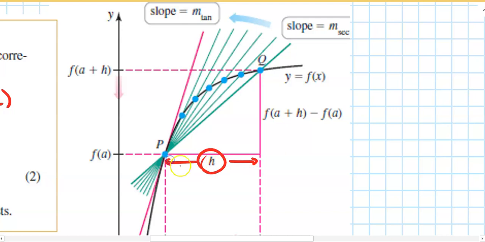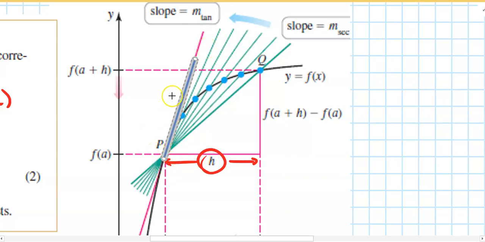If we had some large h distance, then the straight line or the secant line that's formed between these 2 points that are generated, well, that's an approximation for the slope at a particular point, in this case P. It's not a very good one because the horizontal distance is too far, and in order to better our approximation, we take this horizontal distance and we reduce it as much as we can. So we've got a large horizontal distance, and as we reduce this horizontal distance, we start generating a line that has a better approximation for the slope at point P.